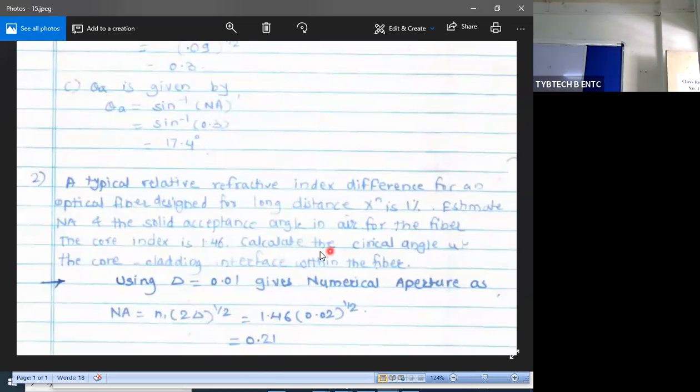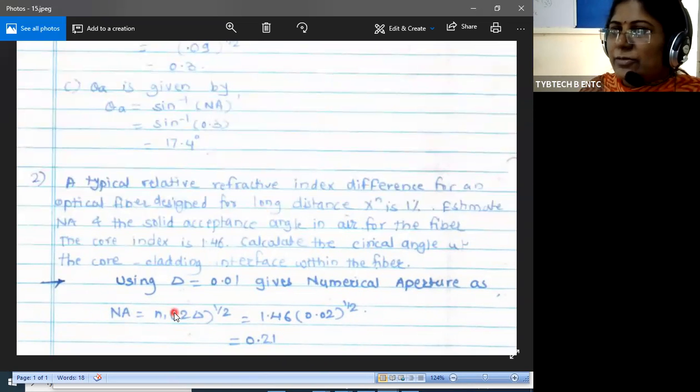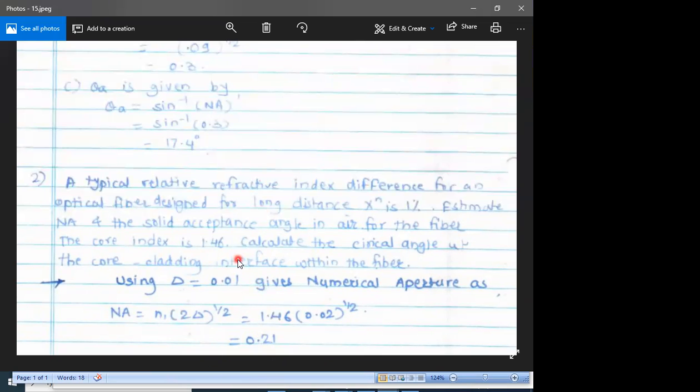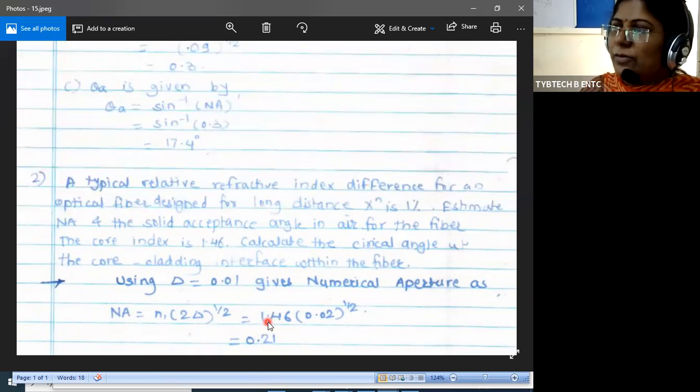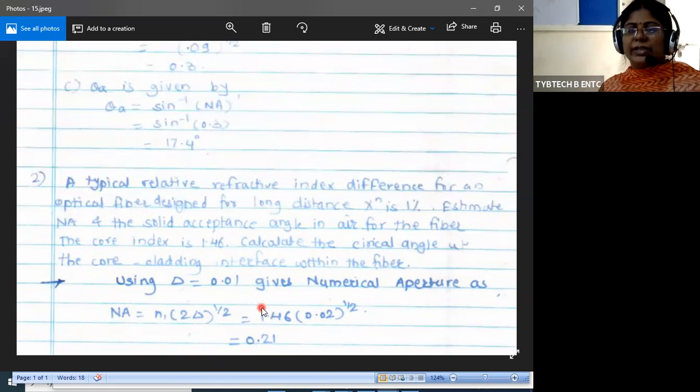Phi c is equal to, what is the formula for critical angle? Phi c is equal to sine inverse of N2 by N1. So first we have to calculate the value of N2. How will you calculate the value of N2?